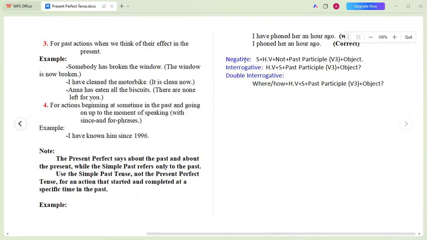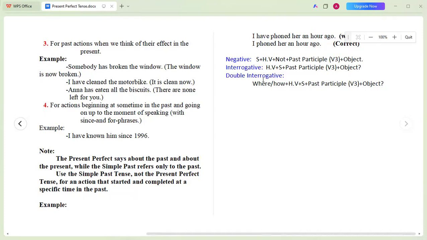And with I, we, you, they, and plural noun, you will use helping verb have. Past participle means verb third form. And when you have to make the negative, then subject plus helping verb plus not plus past participle plus object, and then full stop. For interrogative, helping verb will come at the start of the sentence. Helping verb plus subject plus past participle plus object. And at the end, you will mark the question mark.